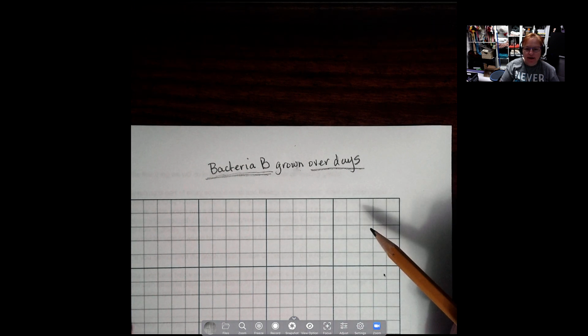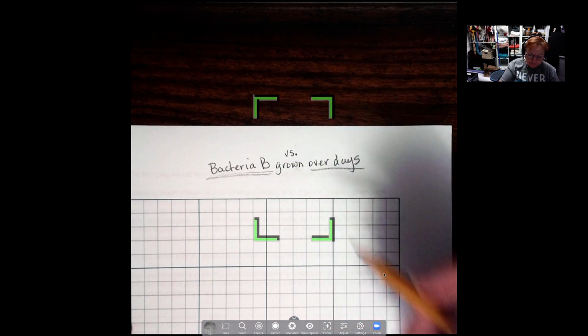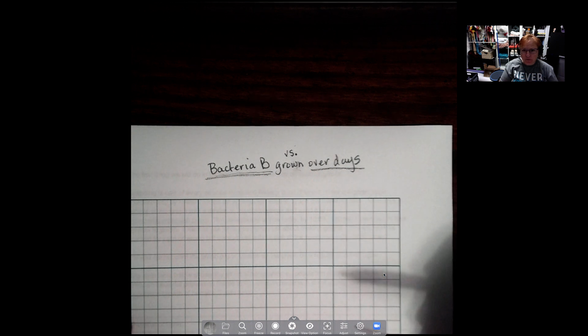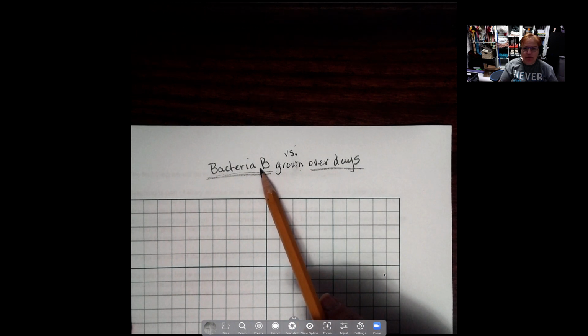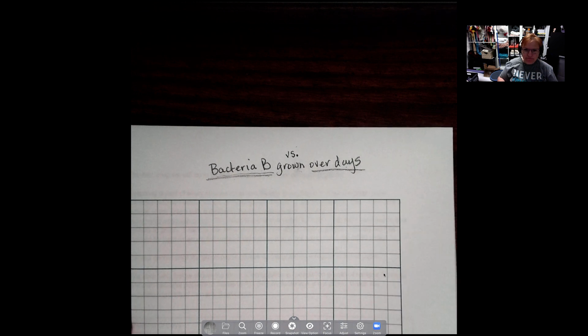This is our x-axis. We could have just also said versus. But really what we're doing is we're counting growth, so I put the word grown in. If you said bacteria B versus days grown, something like that, that'd be fine. We're going to try to keep the title fairly simple.